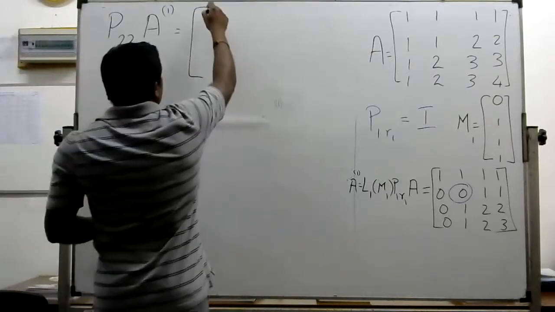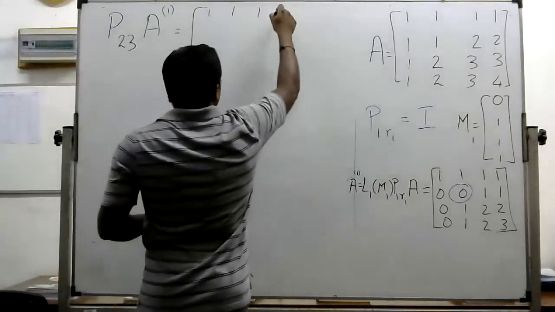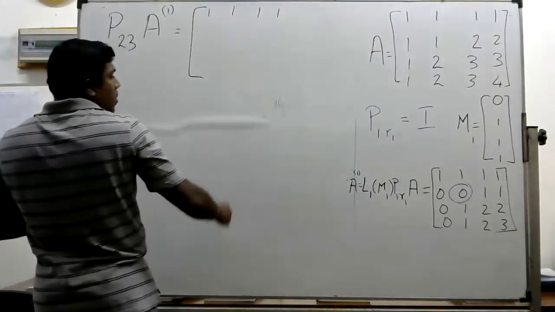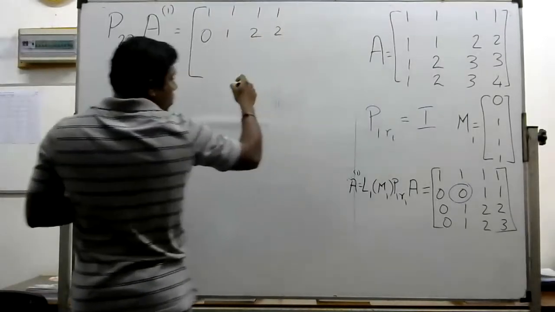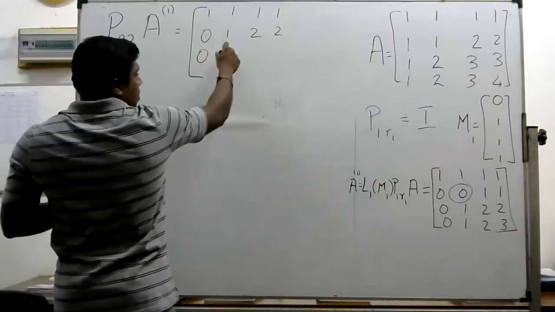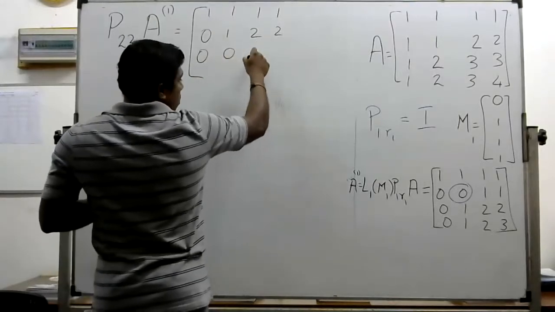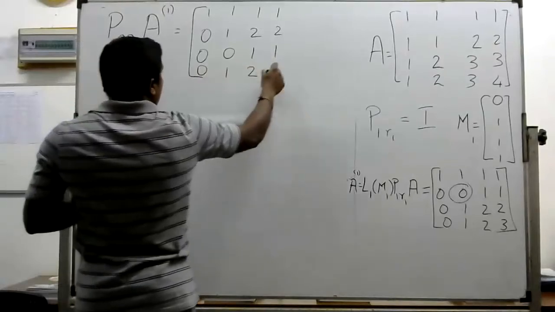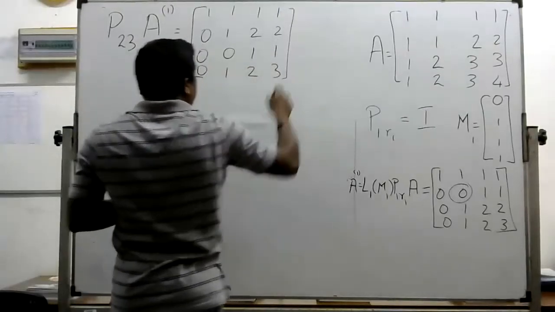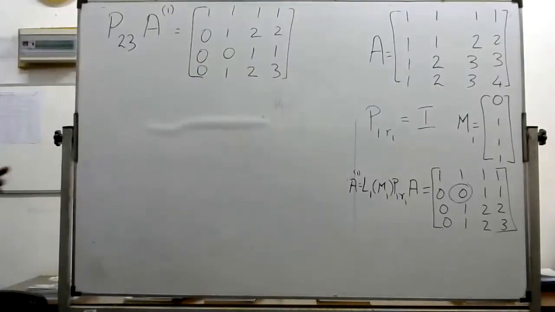This means the first row does not change and the third row becomes the second row. So 0, 1, 2, 2, 0, 0, 1, 1, and 0, 1, 2, 3. First I interchange row 2 and row 3 in A1.